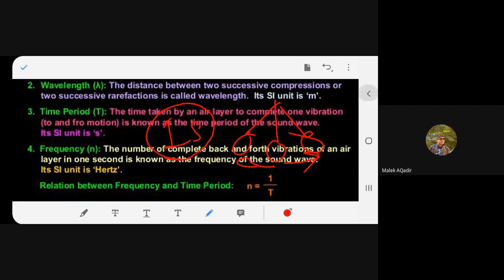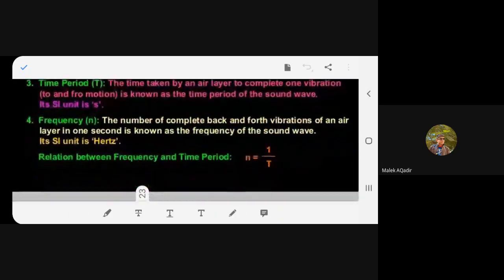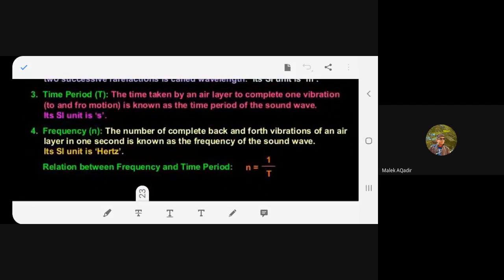And if we club the frequency and time period and get one equation, a formula, then the formula between frequency and time period is n. N could be written as nu also. Remember, I have taught you nu is equal to 1 upon T. So frequency is the inverse of time period.